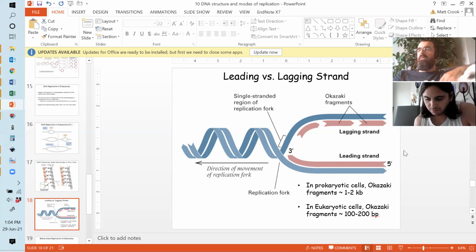And so you have the replication origin, you start synthesizing the leading strand, and that leading strand will be synthesized continuously in one long go until you hit the next replication fork coming the other way. So that could be in the tens or hundreds of thousands of base pairs long, that leading strand.